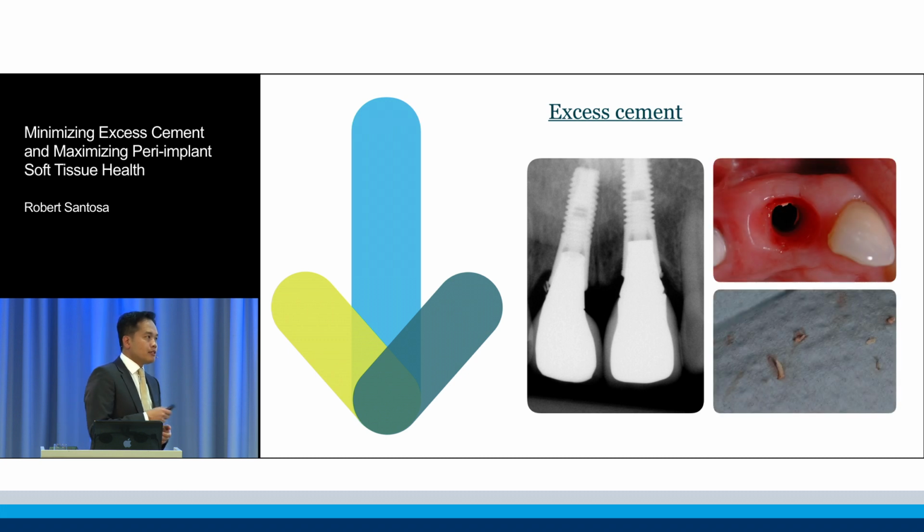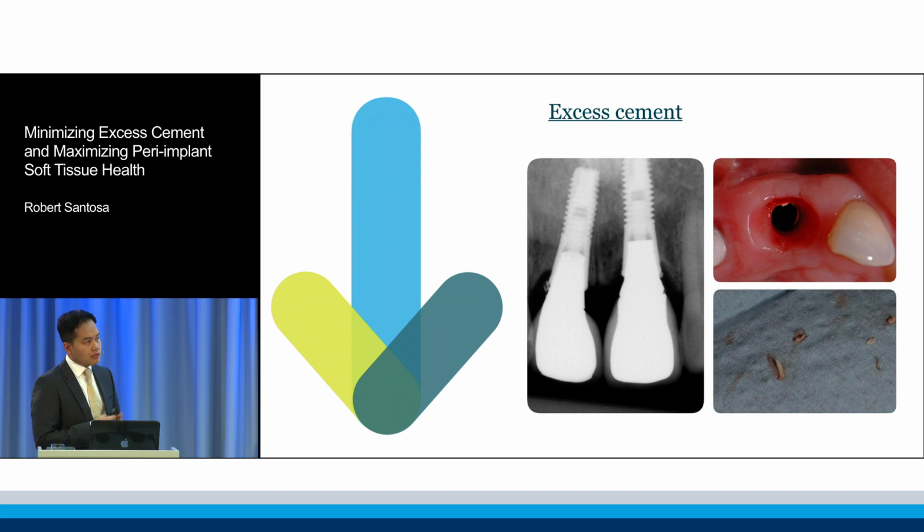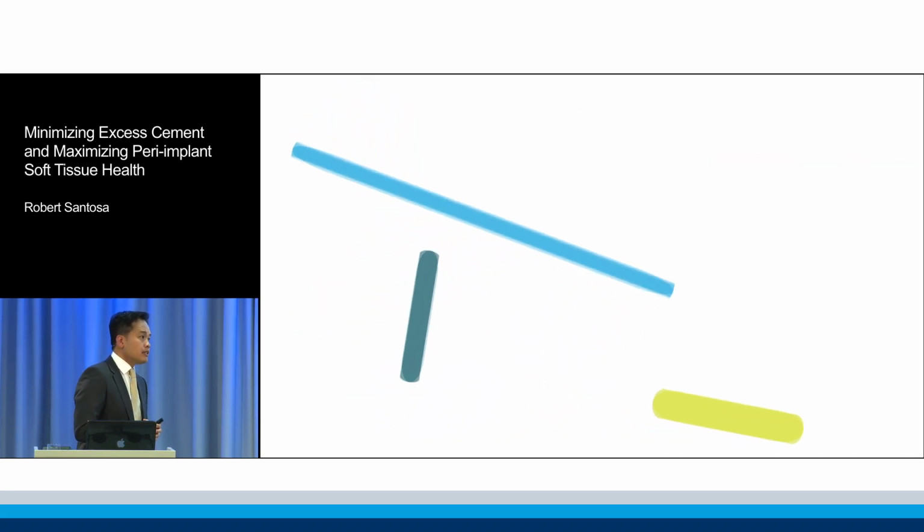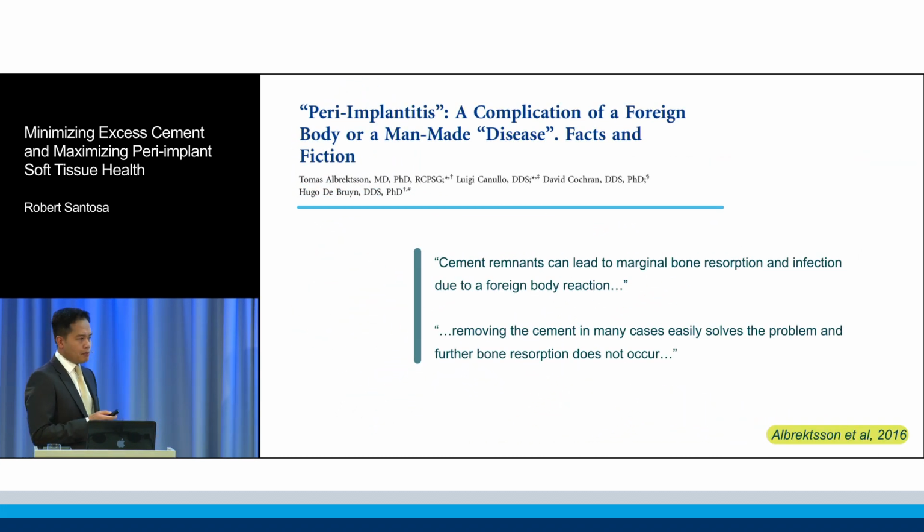We introduce cement remnants in the peri-implant tissue, resulting in inflammation and also bone loss. And this problem was highlighted in the recent consensus paper by Albertson in 2016, that the excess cement is a problem with clinical handling. Cement remnants can lead to marginal bone resorption and infection due to a foreign body reaction.